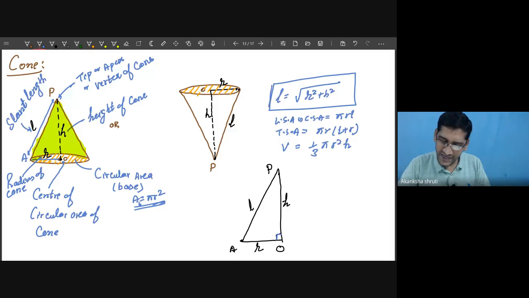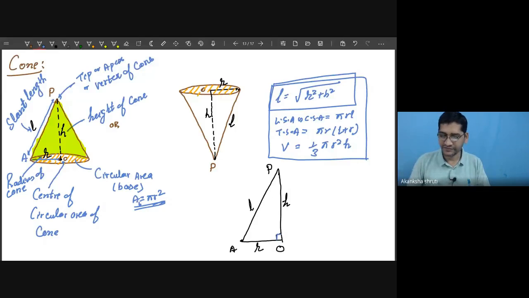So students, these are the 4 important formulas related to cone that you need to keep in mind. Applying these 4 formulas, you can solve all the questions based on this cone.